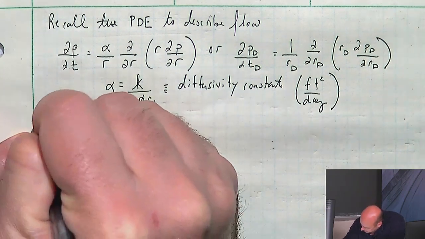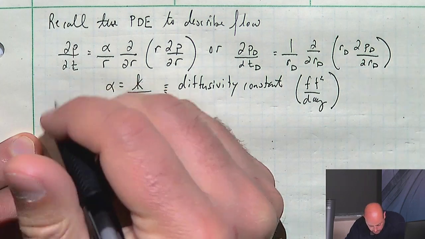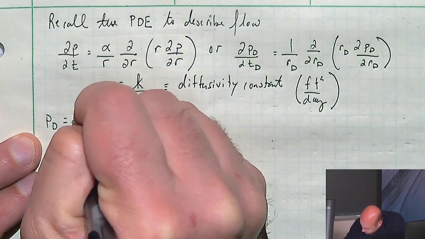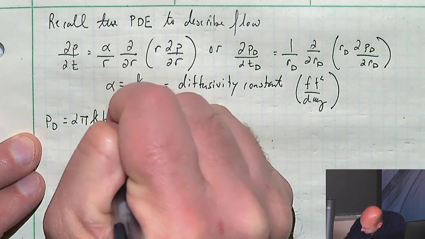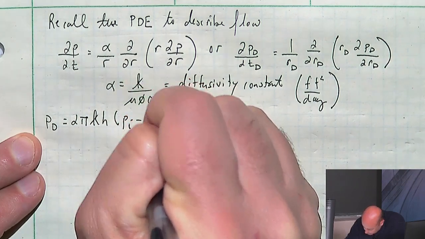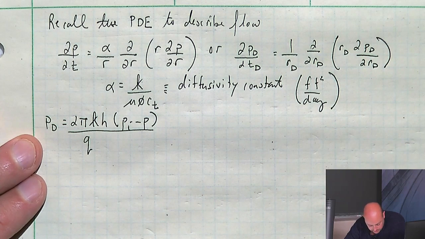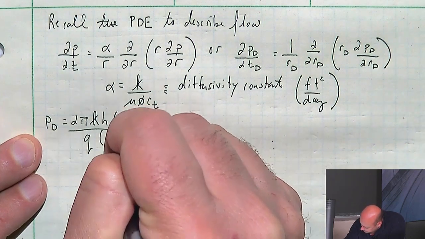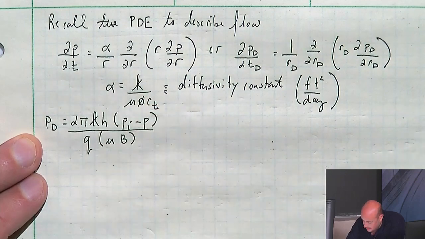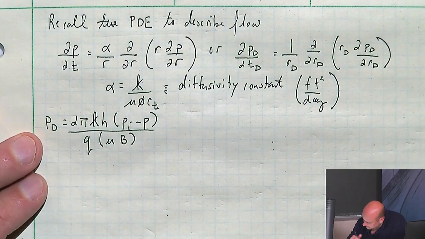I should point out that the dimensionless pressure is related to the pressure, 2 pi kh times the initial pressure minus the current pressure divided by the production rate if it's a wellbore, or the encroachment rate if it's flow from an aquifer. Mu is the viscosity, B is the formation volume factor.